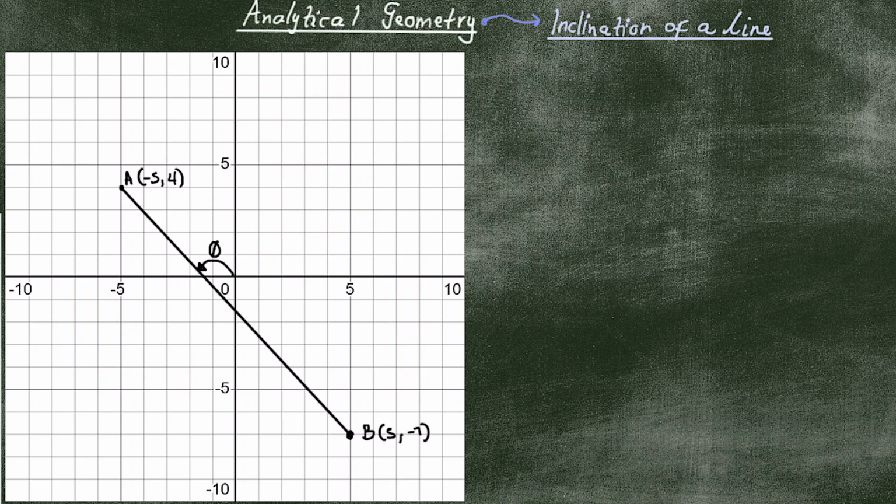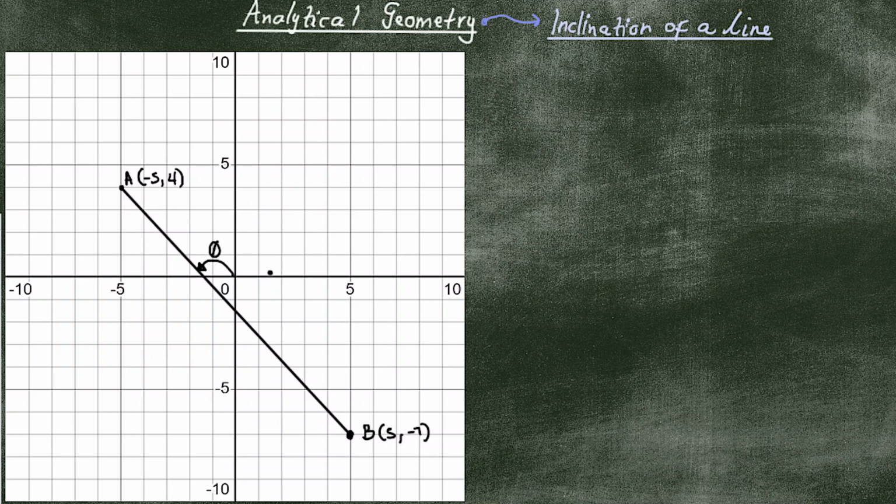You may be wondering why you are starting to measure your angle from the origin. If I measure from here, it's the same. It's sending a similar message. I'm measuring an angle of inclination. It's always measured from the positive axis counterclockwise to where the line is.